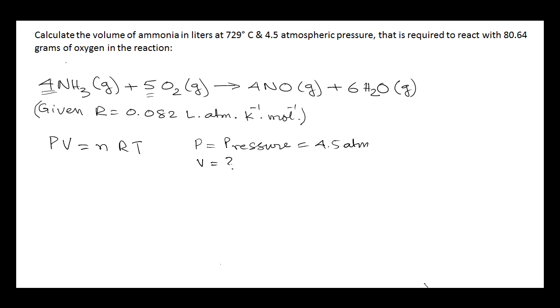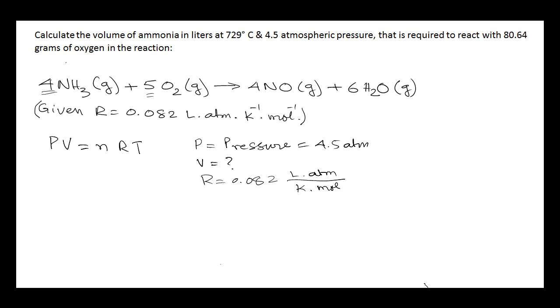So this is the unknown. R is the molar gas constant. So R is equal to 0.082 liter atmosphere per degree Kelvin per mole. That is another way of writing the same equation that we have.